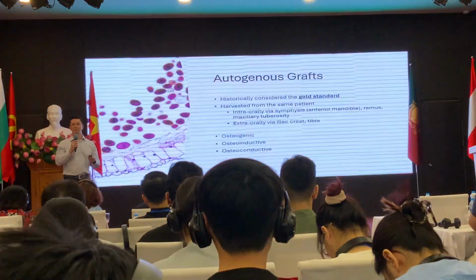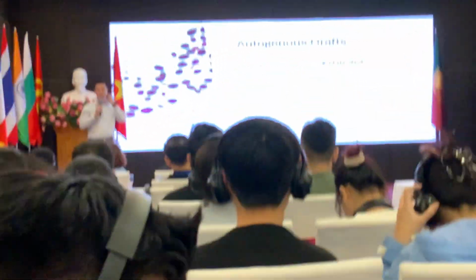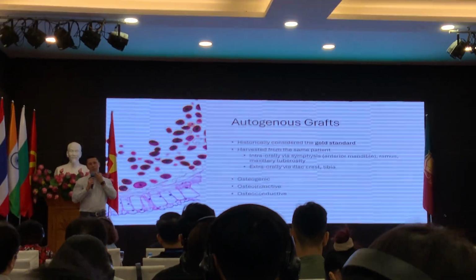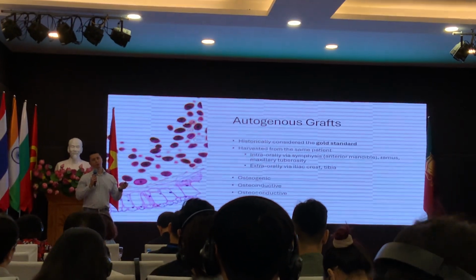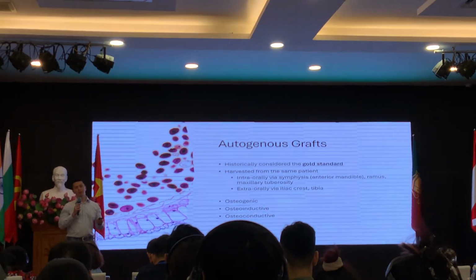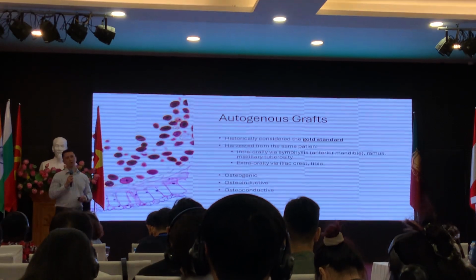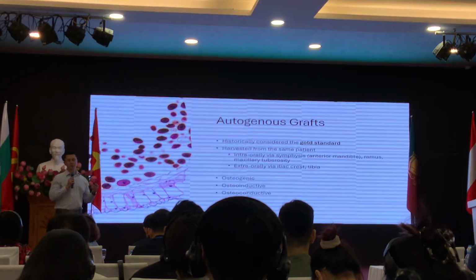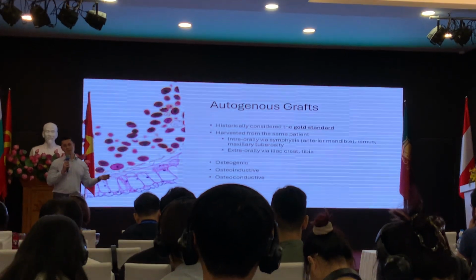Sometimes it can be the ascending ramus, the external oblique line angle, the anterior mandibular symphysis, or the maxillary tuberosity. Those are all possible autogenous bone grafting donor sites. But we have to consider what are the postoperative consequences of taking bone from those donor sites.